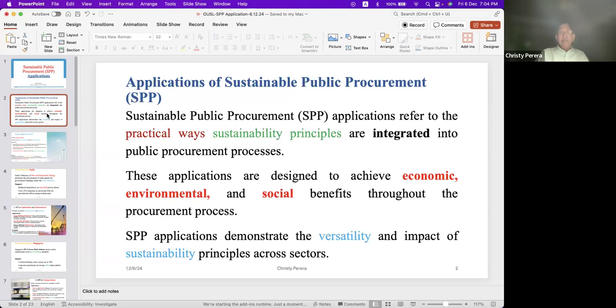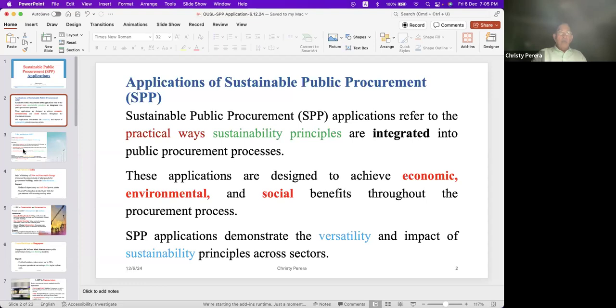So SPP applications demonstrate the versatility and impact of sustainability principles across sectors. How are we going to make it work across sectors? Different sectors, maybe the transport sector, maybe the health sector, maybe the school sector, like that.